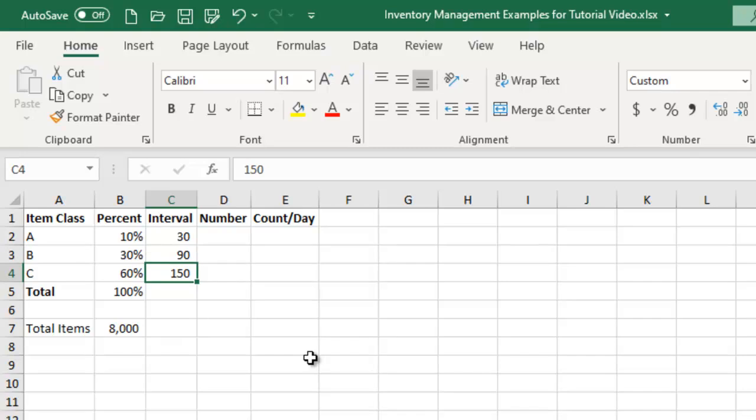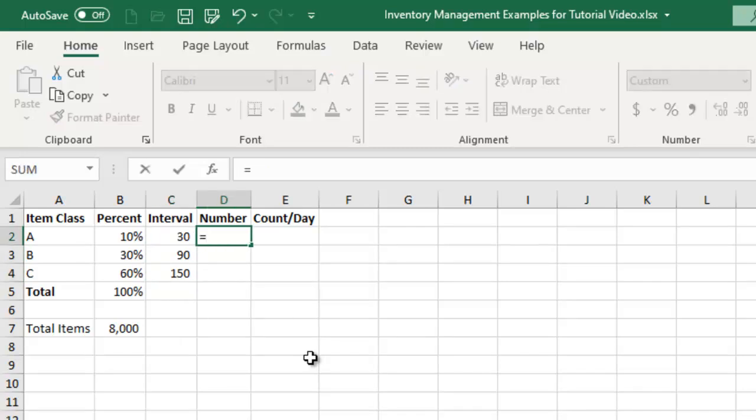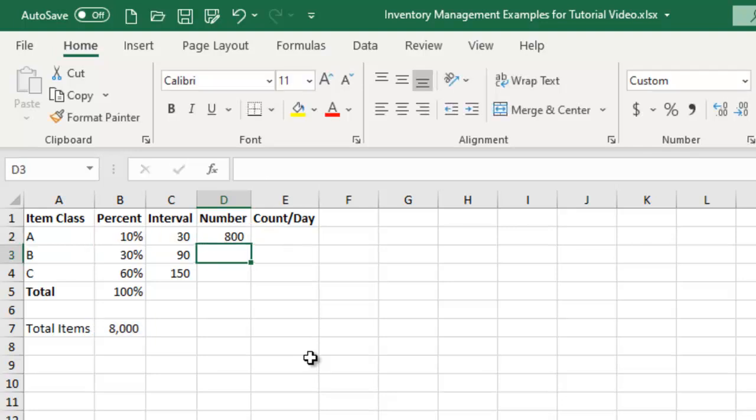So first we need to determine how many items we have here, and so we take the total number of items, and we're going to anchor that and multiply that by the percentage. So if we have 10% A items, we're going to have 800 A items. We copy that formula down, and now we have the count of A items, B items, and C items, and from here we can do what we did with the previous example.